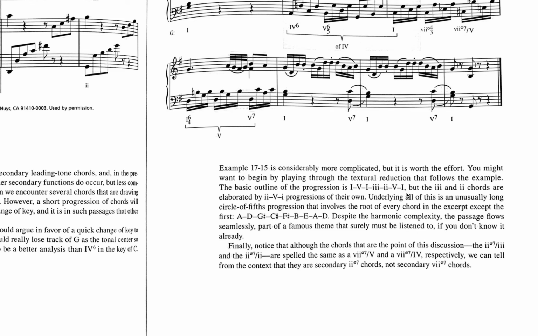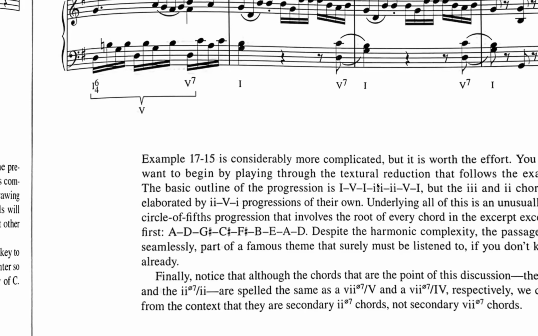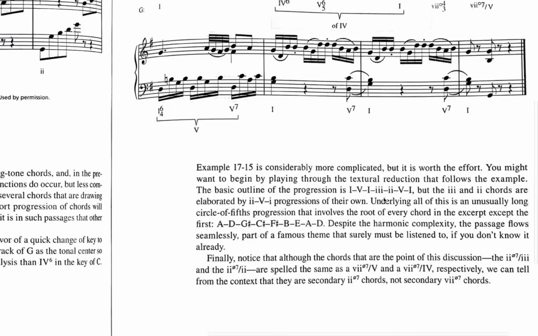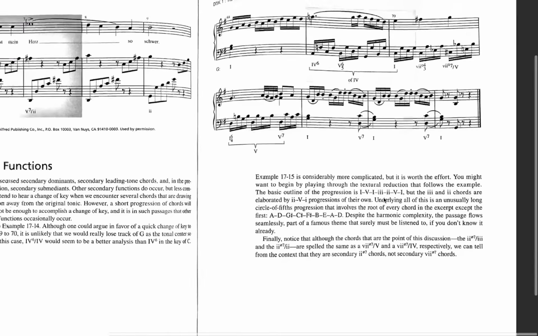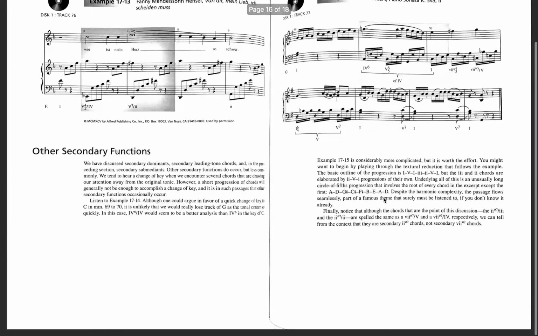However, instead of simply doing this, he's going to make a little progression in 3 and a little progression in the 2. So the 3 is going to become a little tonal center with a 2, 5, 1 in 3. And the 2 is also going to become a little mini tonal center with a 2, 5, 1 in 2. Right? So we'll take a look at this here.